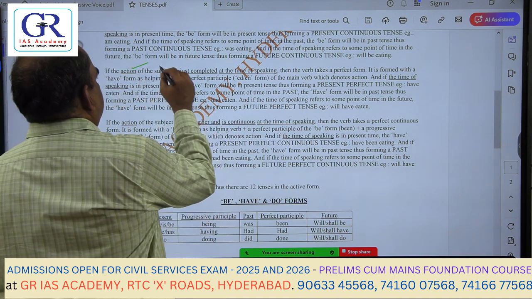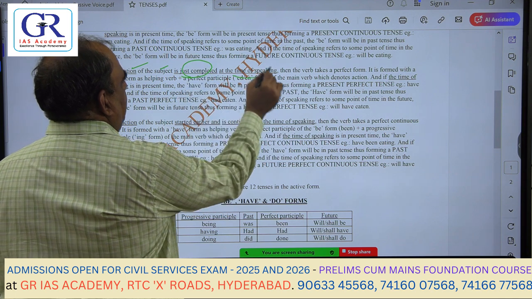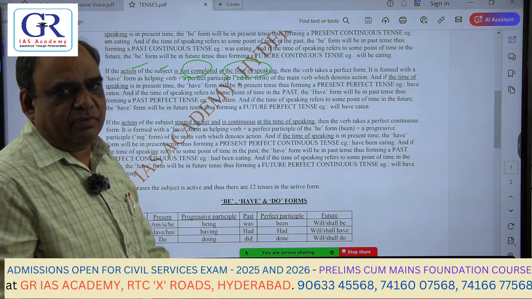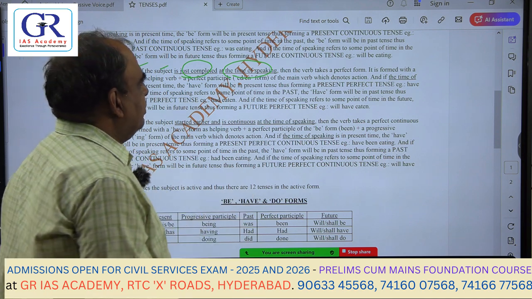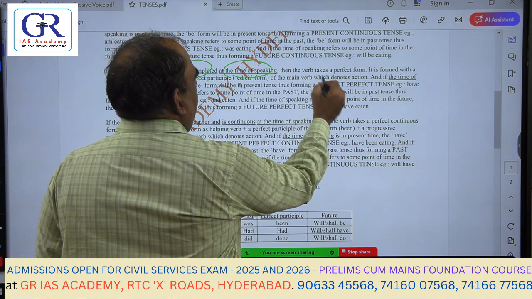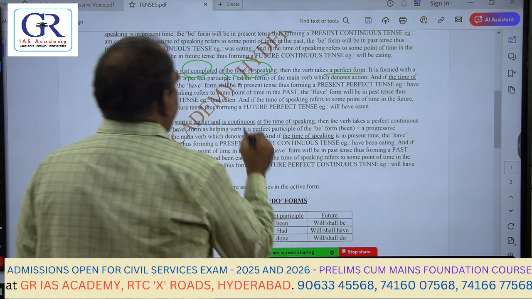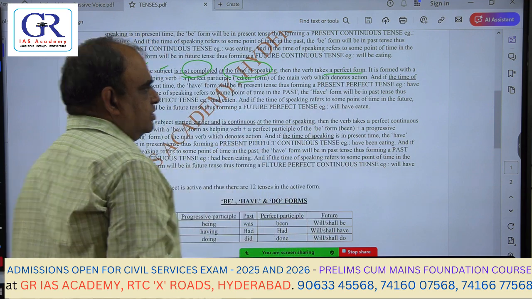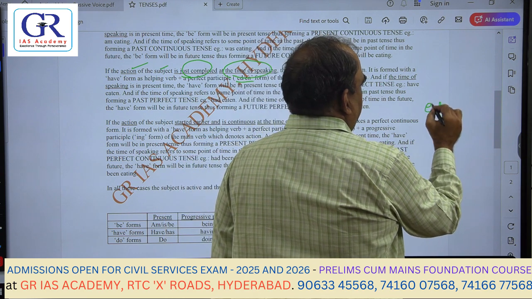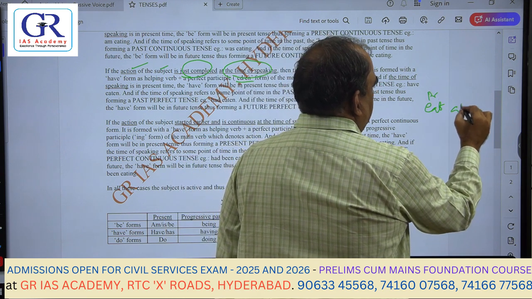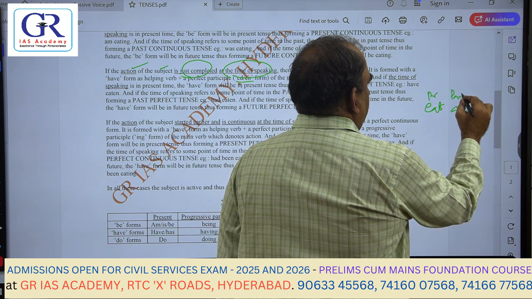So if the action of the subject is just completed at the time of speaking, the action is completed just now, then we take it as perfect form. So what is the perfect form? ED or EN form. For example, eat is present tense. Ate is past tense.